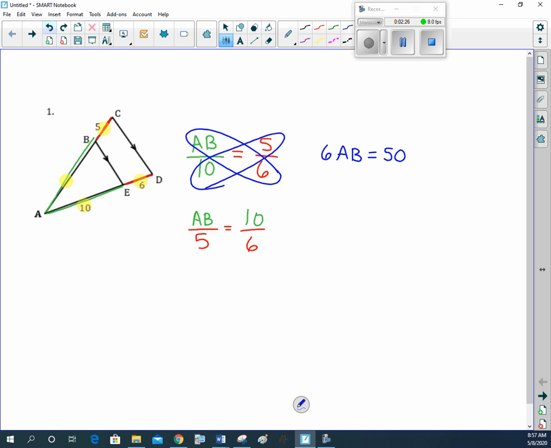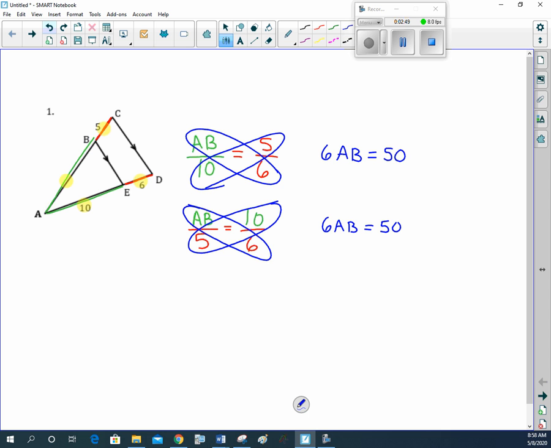On the other one, what do we end up with? 6 times AB equals 5 times 10. So it doesn't matter how you set up your proportion, but if you're doing true proportions, when you cross multiply the diagonals, you will always get the same equation.